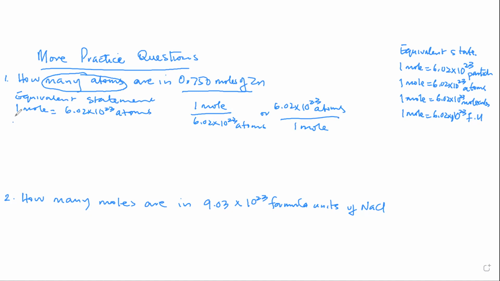The strategy for this will be from moles to atoms, using 1 mole equal to 6.02 times 10 to 23 atoms.